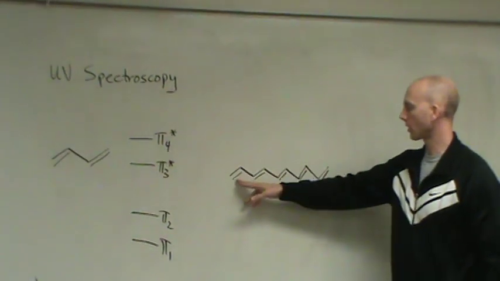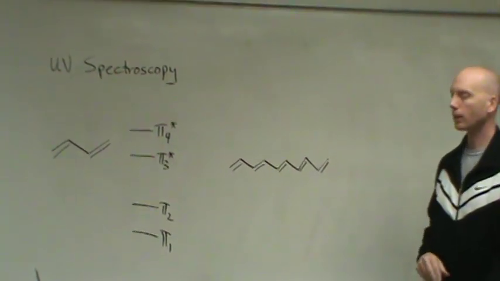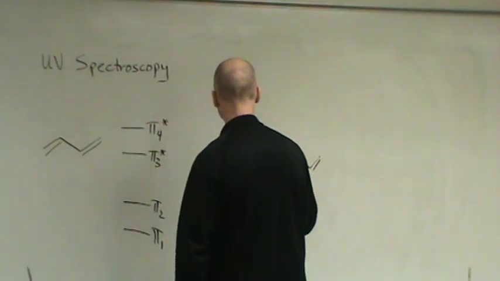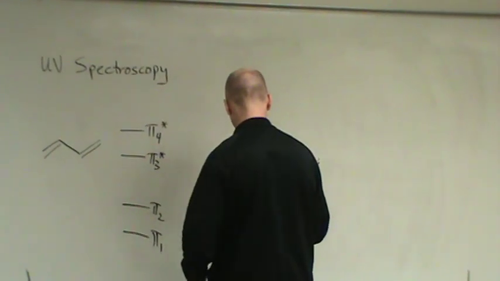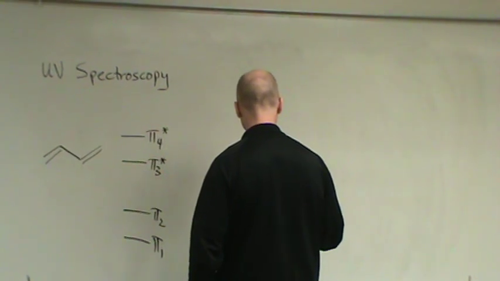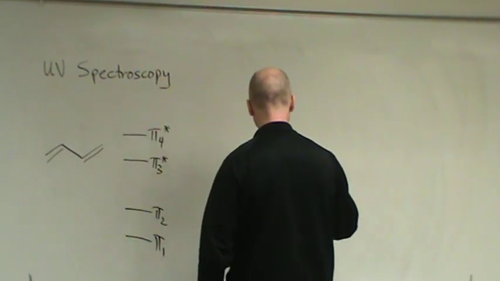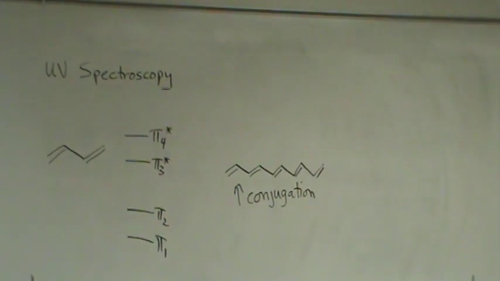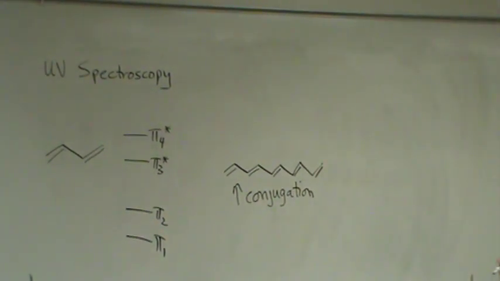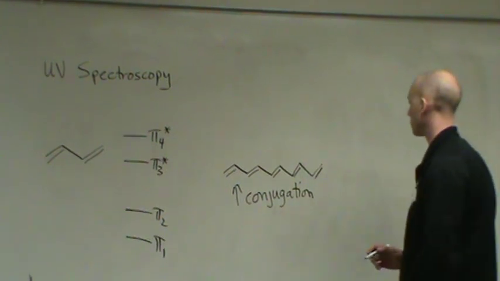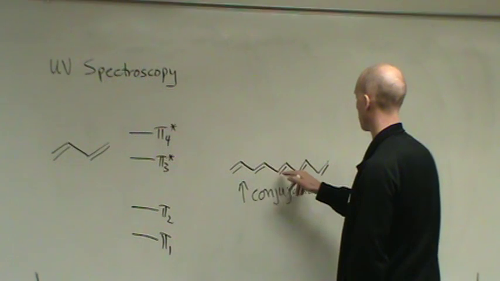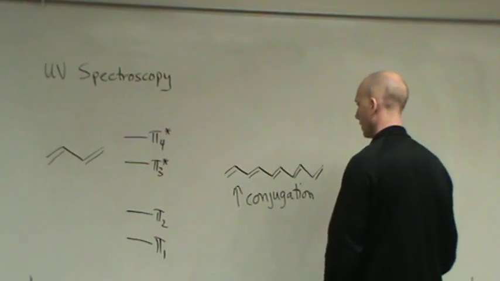Obviously, this one here has many more conjugated double bonds. When we have an increased number of conjugated double bonds, something special happens. Here we have what? 1, 2, 3, 4, 5.